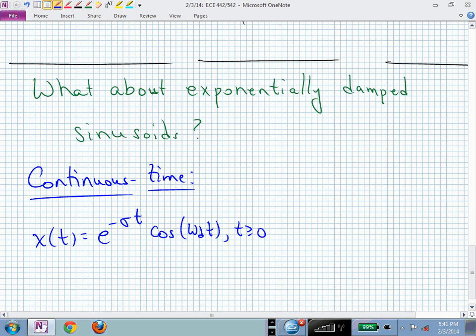Now I'm going to let sigma be positive so that I do have a decay, e to the minus sigma t. Do you remember what its Laplace transform equals in terms of sigma and omega sub d?